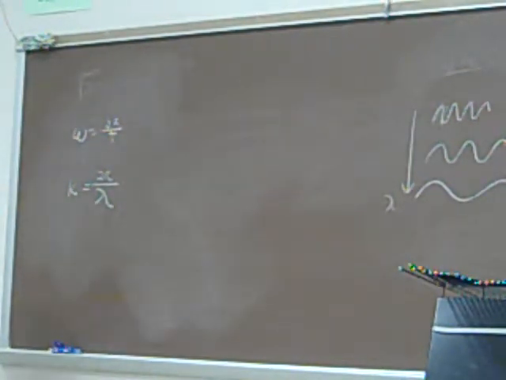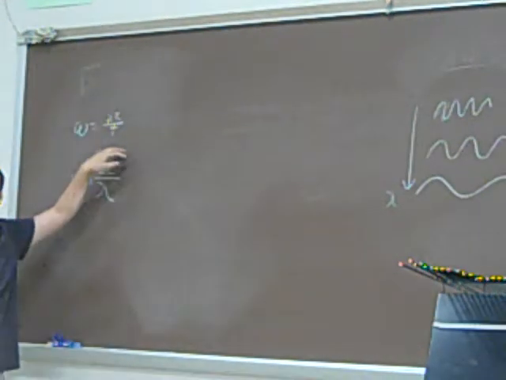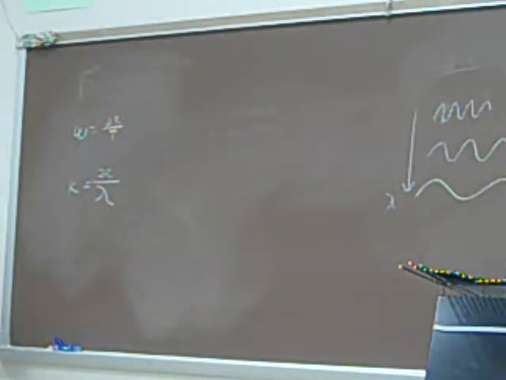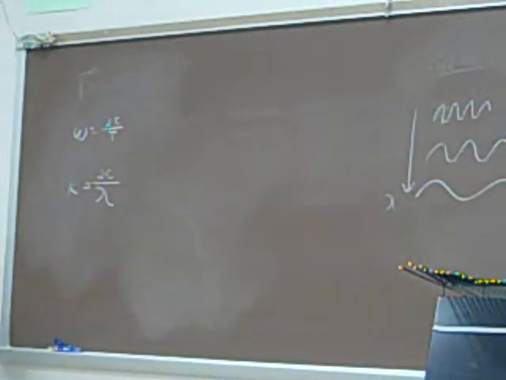Omega and T, these two quantities measure how the wave, or the oscillation of each point, repeats in time. The repeated pattern as a function of time.